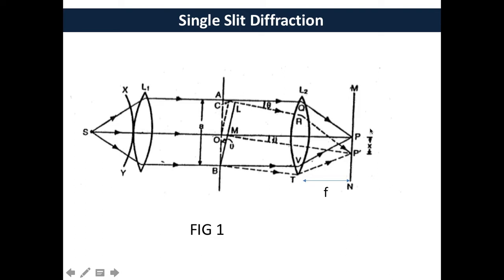The secondary waves from equidistant points, OA and OB, situated in the upper part and the lower part, also travel the same distance and reach point P. Hence the phase difference is 0.